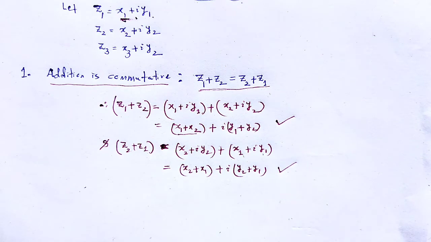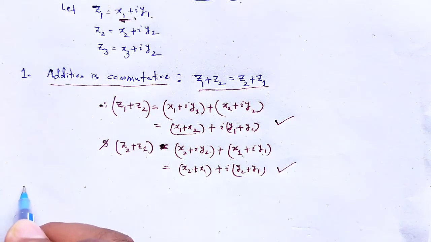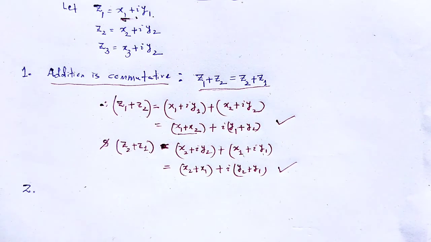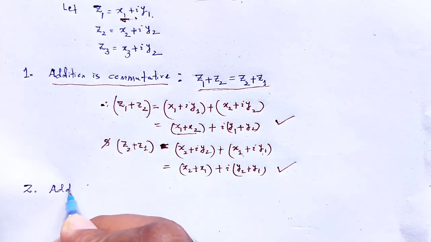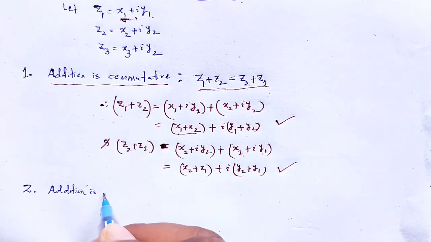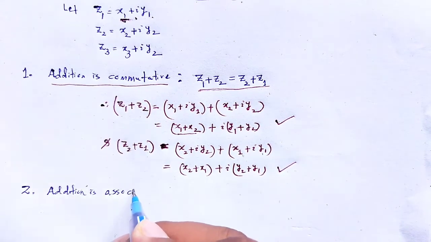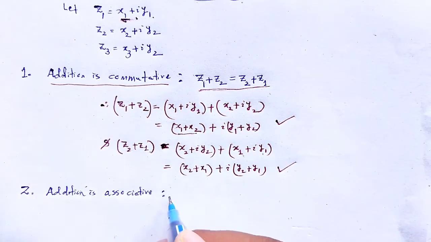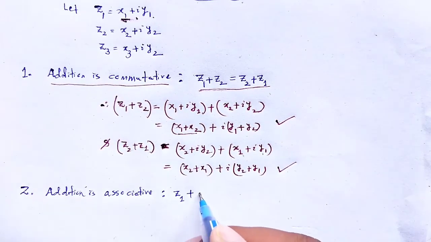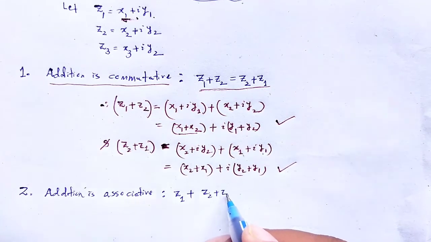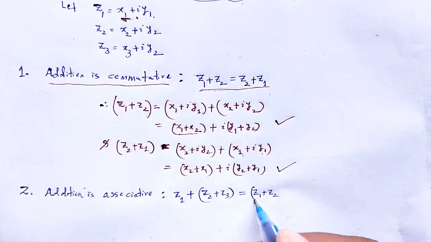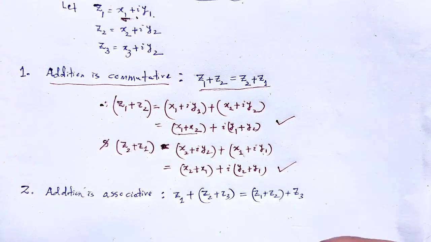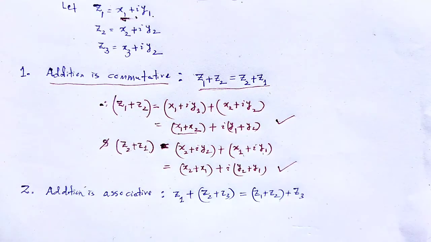Similarly, we can prove another property of algebraic operations: addition is associative. Addition is associative, that is, z1 plus z2 plus z3 is equal to z1 plus z2 plus z3 with any grouping, which can also be proved in that manner.